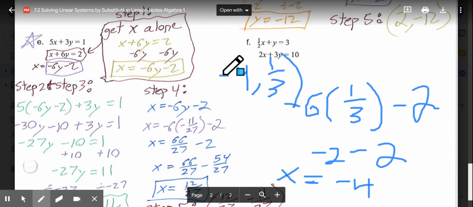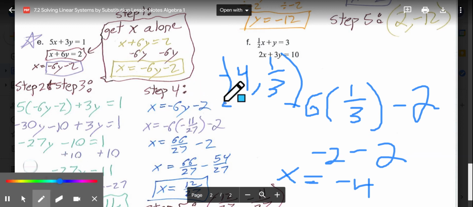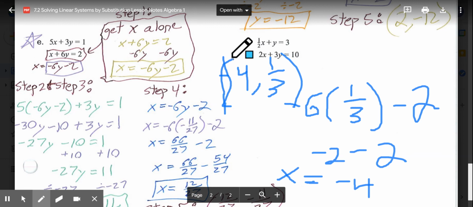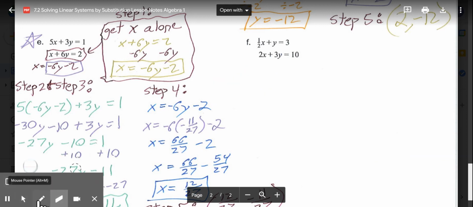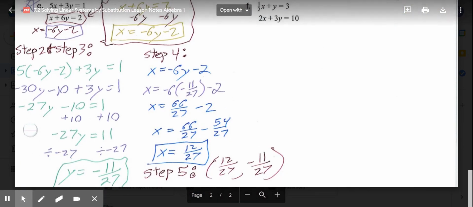So our answer should be negative 4, 1/3. As you can see, terrible parenthesis there. That should be a parenthesis, and that should be a negative 4. Real sloppy. So negative 4, 1/3. As you can see from my mistake, if you make a mistake in that distributive property piece, it can impact your whole answer going forward.